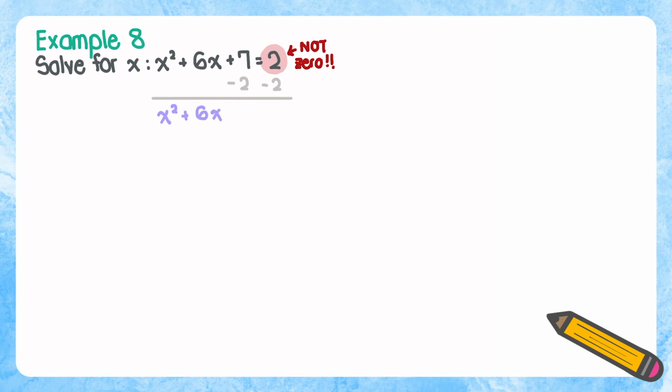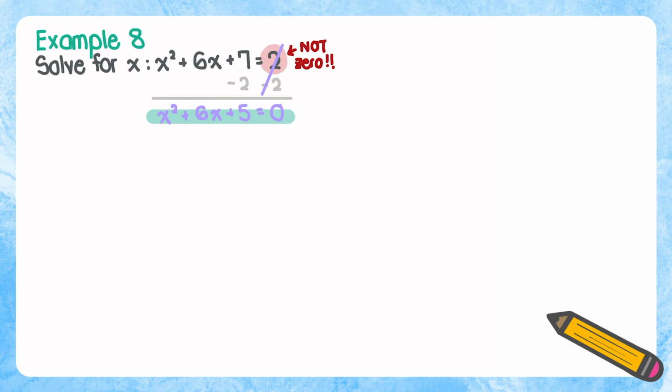X squared plus 6x just pulls down, but then 7 minus 2 equals 5. And on the right side of the equation, I'm left with 0 because the positive 2 and the negative 2 cancel each other out. So now I can use the zero product property because I've created an equation set equal to 0.